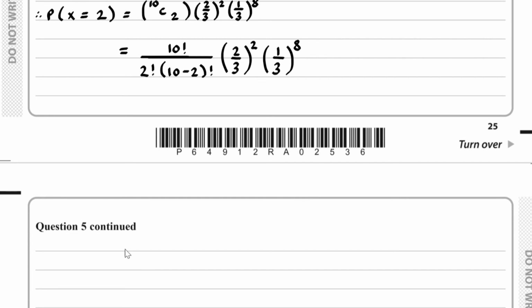So let's see if we can simplify this even further. 10 factorial is the same as 10 times 9 times 8 factorial, and then I'm going to divide this by 2 factorial multiplied by 8 factorial. 10 subtract 2 factorial is 8 factorial. And then 2/3 all squared, that's 4 over 9. And then I've got 1/3 to the 8, so that is 1 over 3 to the 8.